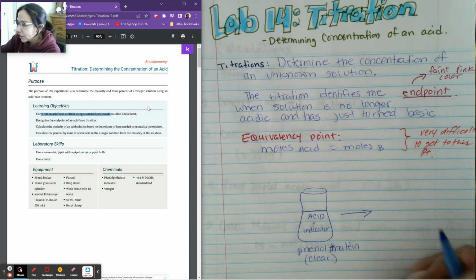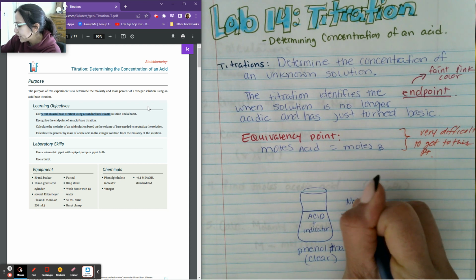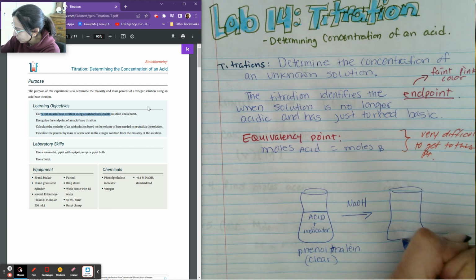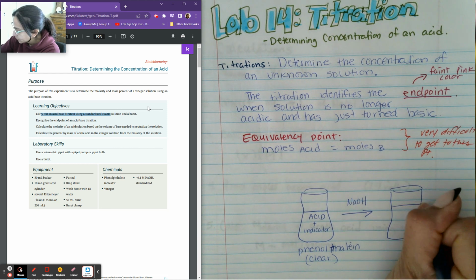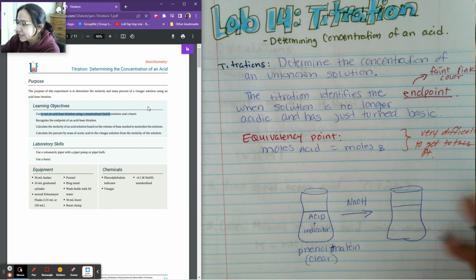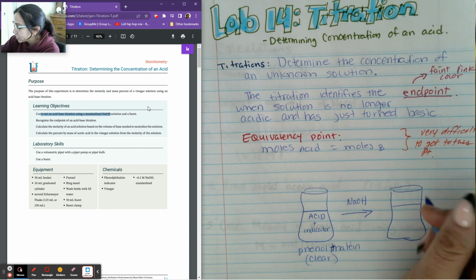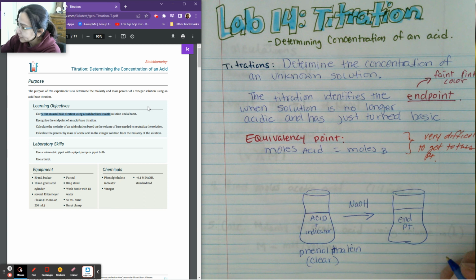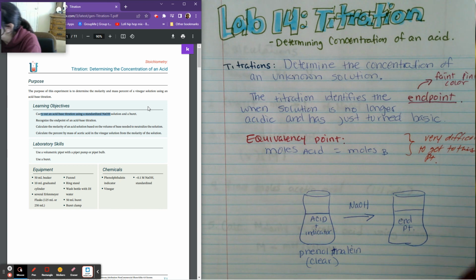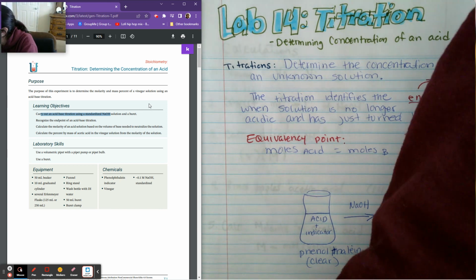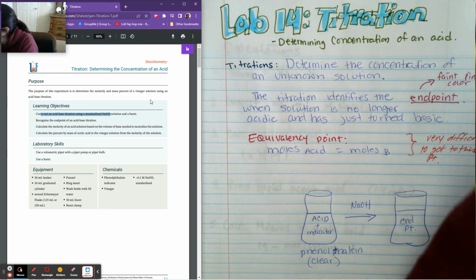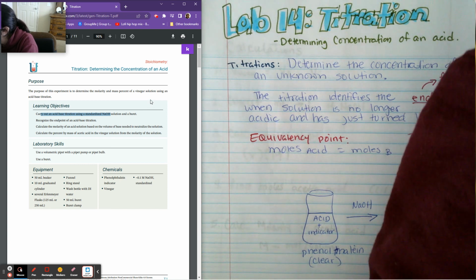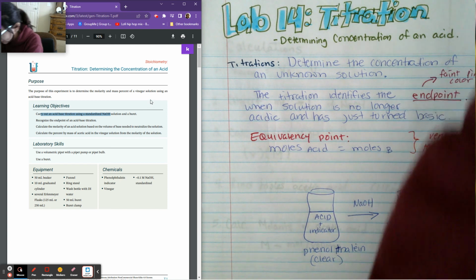Once you titrate and add enough sodium hydroxide, you're no longer going to have your acid and indicator per se. You're going to actually reach your endpoint, and the endpoint is going to be a very light, faint pink color. I was trying to see if I had a little light pink color, but I don't.